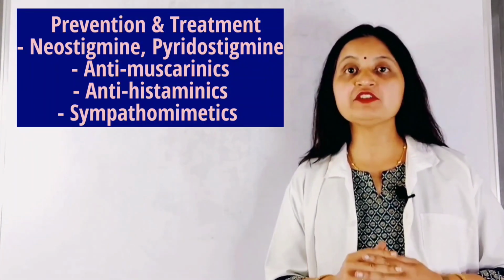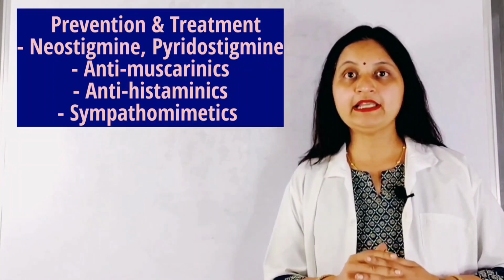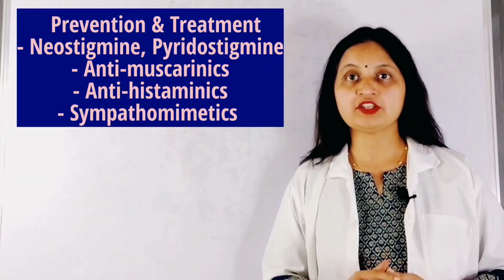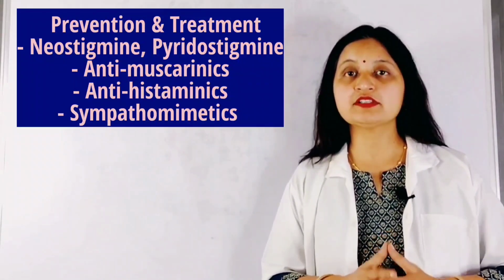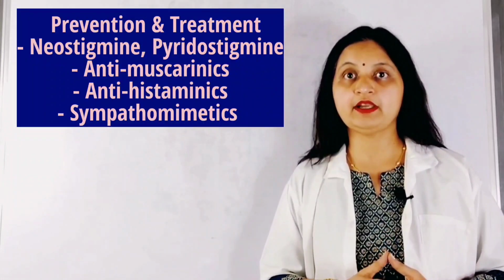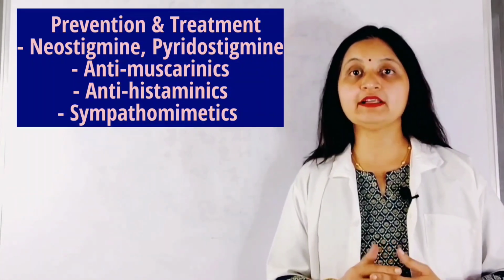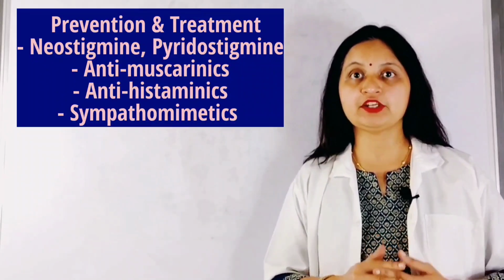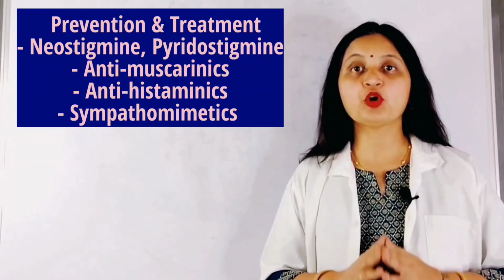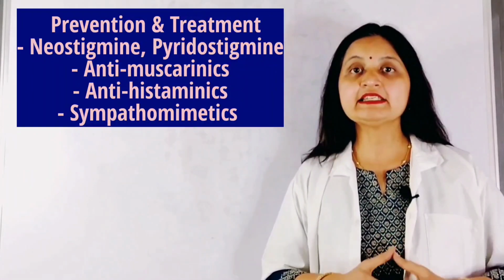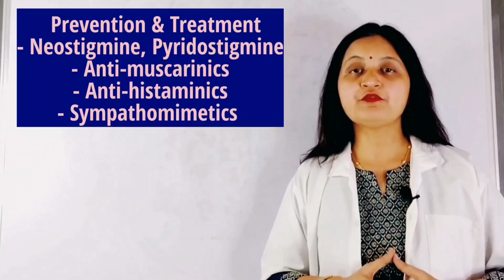And because of increased cholinergic stimulation, there can be bronchospasm, bradycardia and hypotension. So these side effects can be caused by neostigmine and pyridostigmine and therefore atropine can be administered to counteract excessive muscarinic stimulation. In addition, sympathomimetics can be given to support blood pressure and antihistaminics can counteract the responses following excessive histamine release.